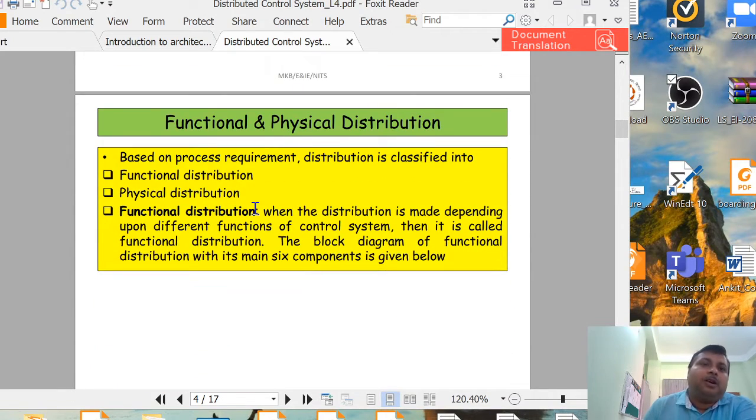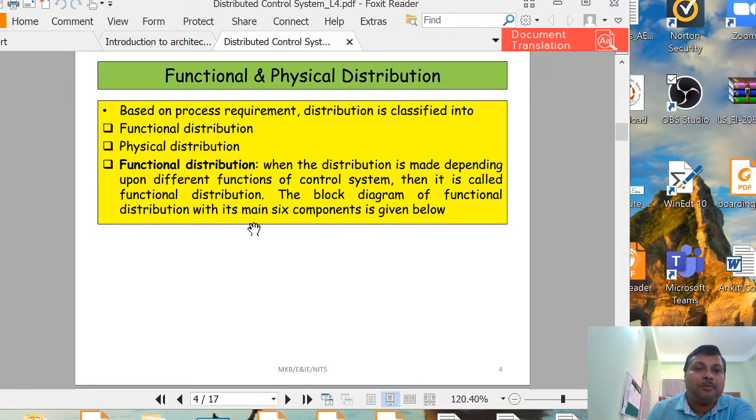Now we want to understand how the DCS is functionally and physically distributed. Based on the process requirement, distribution is classified into functional distribution as well as physical distribution. First we want to understand how it is functionally distributed. When the distribution is made depending on different functions of the control system, it is called functional distribution.